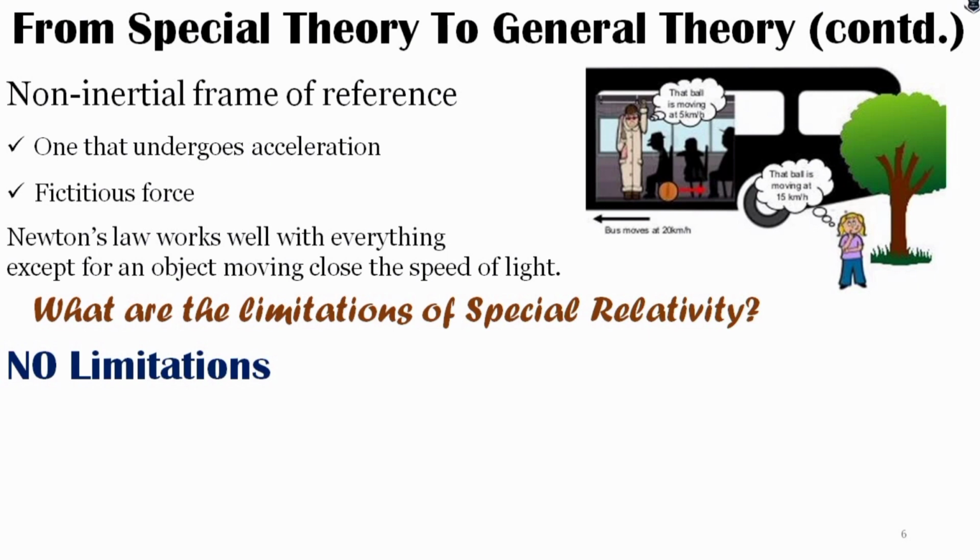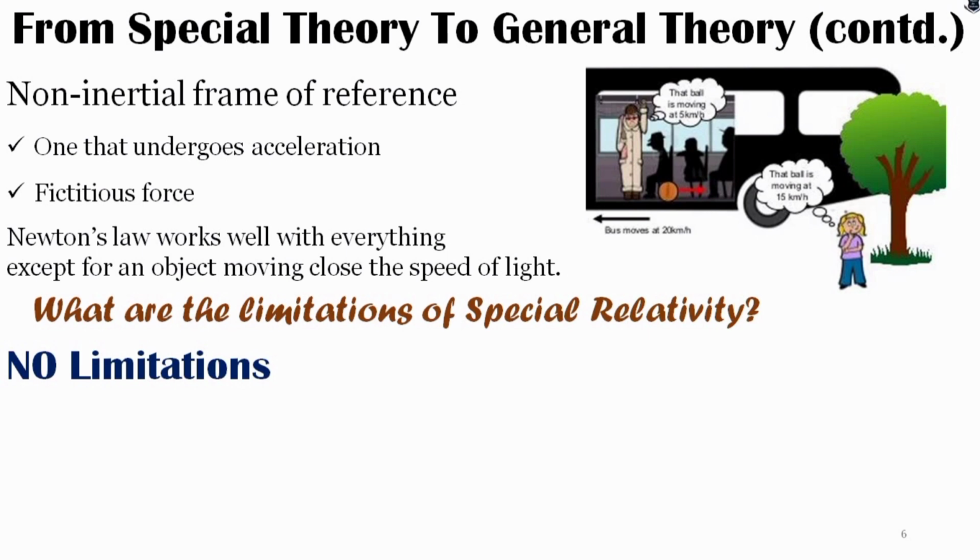The fact is that special relativity works well with inertial frames of reference. It confirms time dilation, length contraction, all those things. As far as the inertial frame of reference is concerned, things work fine. Things are no different. That doesn't mean that it has a limitation, and that is why we have to go to general theory.